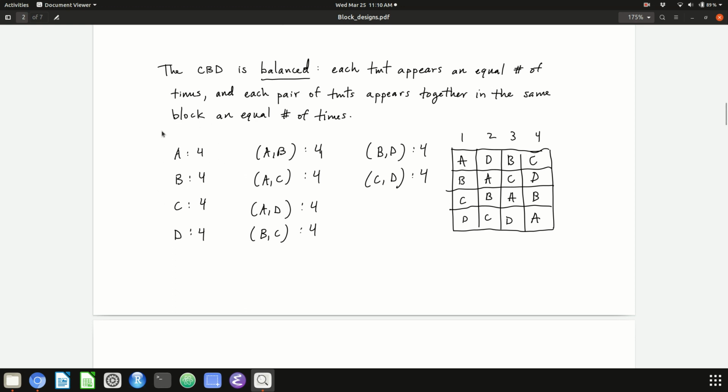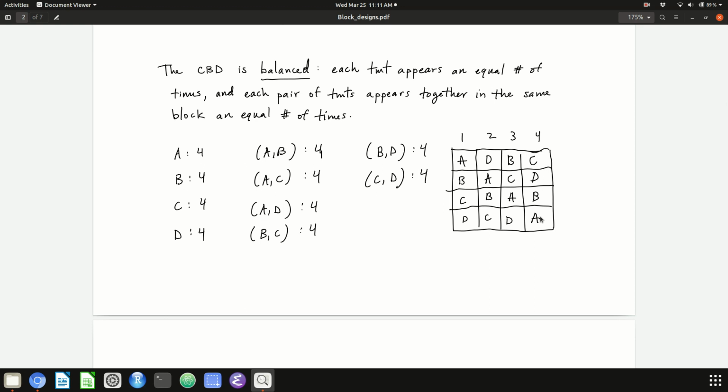The other thing we need to satisfy is that each pair of treatments appears together in the same block an equal number of times. So the way you count this is you take each pair. So this, for example, is the pair of treatments A and B. You count the number of times that A and B appear together in the same block. So they appear together here in block 1, here in block 2, here in block 3, and here in block 4.